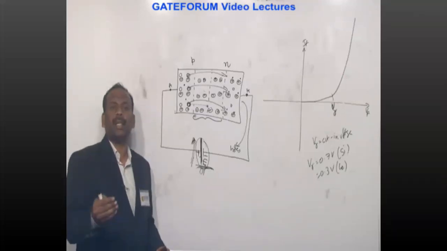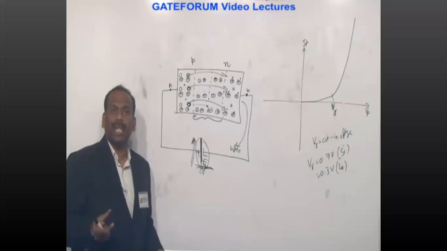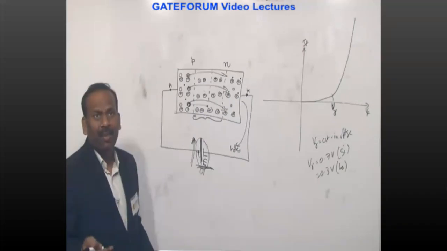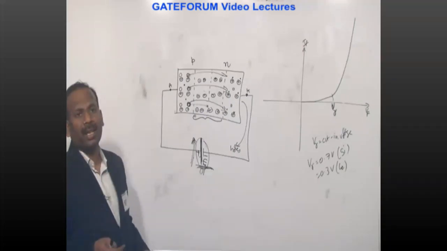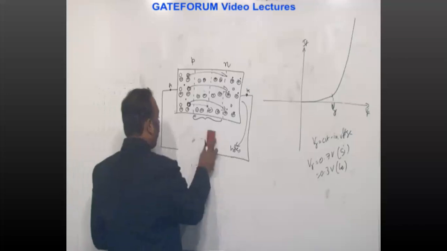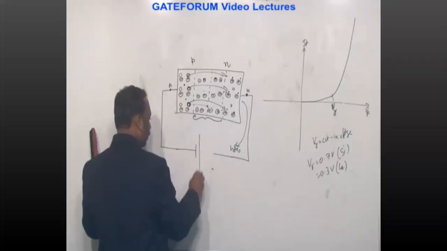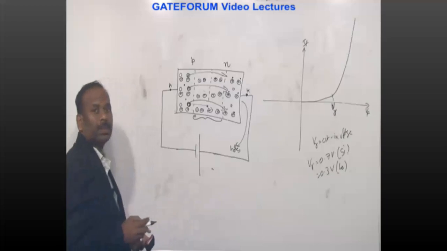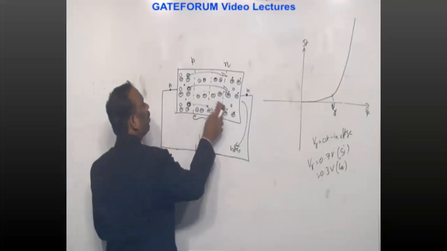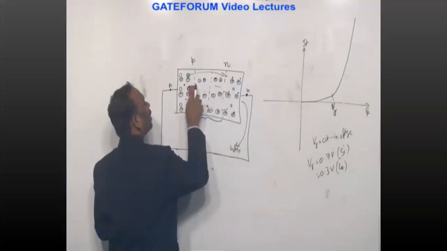That means once the internal barrier potential becomes 0, because the applied electric field is opposite to the internal electric field. Now what is going to happen? Let us suppose next we apply the voltage in this way. Previously they were crossing like this.